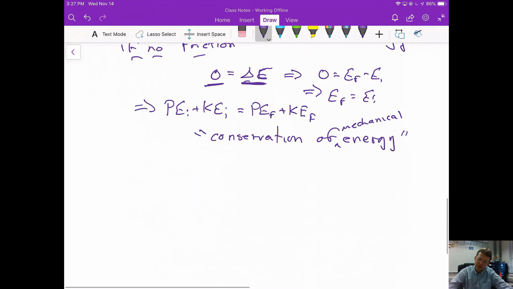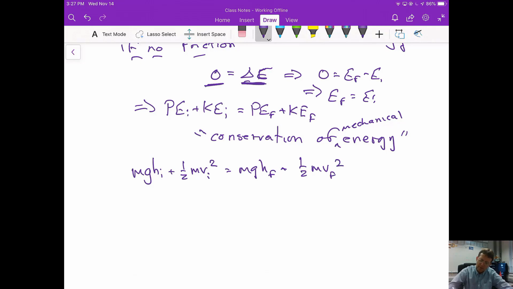And since energy is conserved, I'll just go ahead and write, without the zeros, mgh initial plus 1/2 mv initial squared equals mgh final plus 1/2 mv final squared, and then plug in what we know. H initial is what we had determined as h in this problem, plus 0. H final is 2r, and v final is what we're trying to solve for.